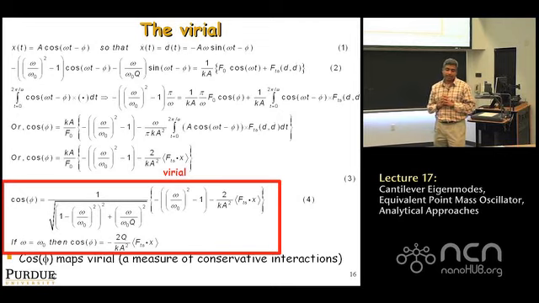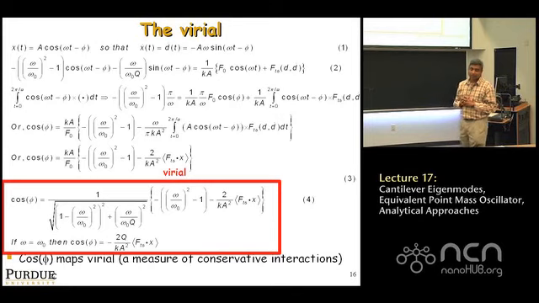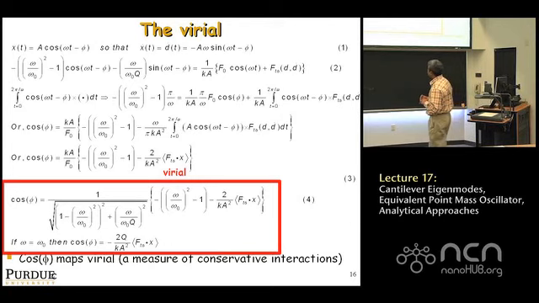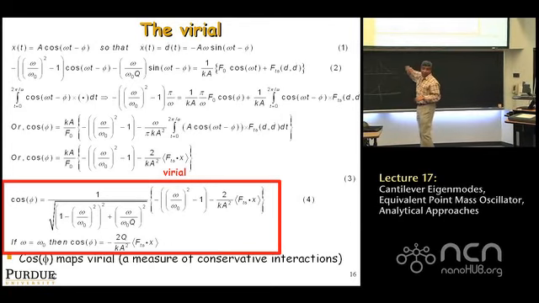It turns out that this number, this virial, is only dependent on conservative interactions. Dissipative interactions don't make any difference to this number. So what you find from this analysis is when you choose to drive at resonance, cosine of phase gives you the virial of the tip sample interaction force, which is the measure of the conservative part.